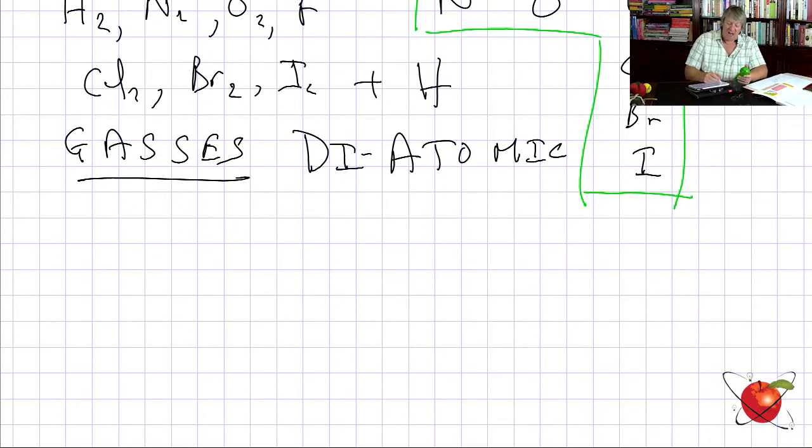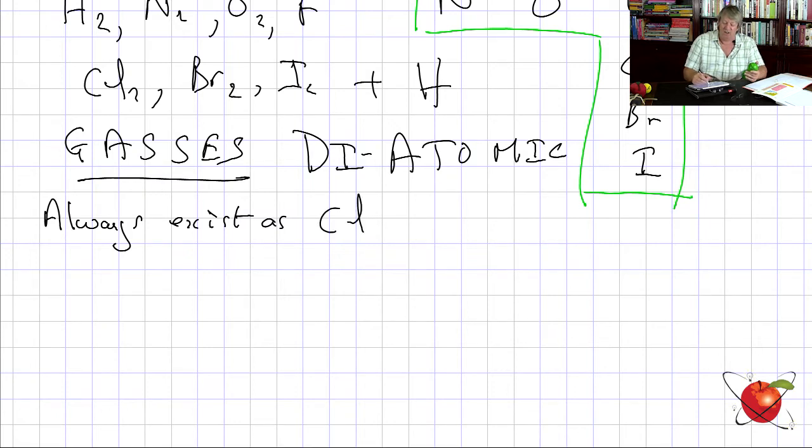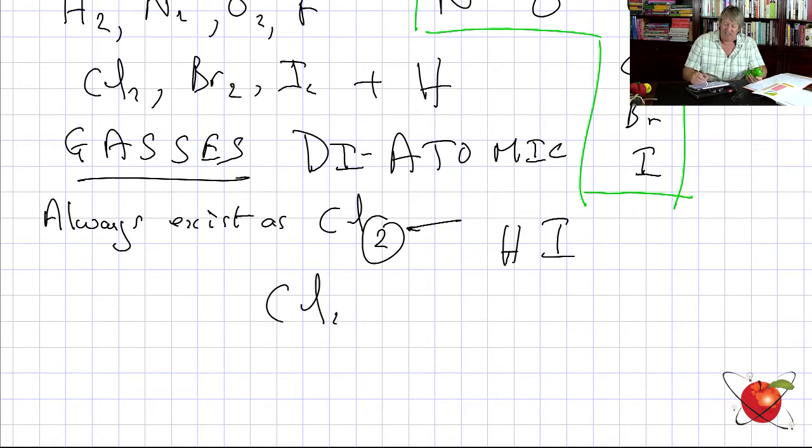In other words, as elements, they always exist as, let's say, Cl2 with a 2. When they are together with something else, you can have HI, hydrogen iodide, hydriodic acid, in a compound. But on their own, as a gas, Cl2 gas, they are always together.